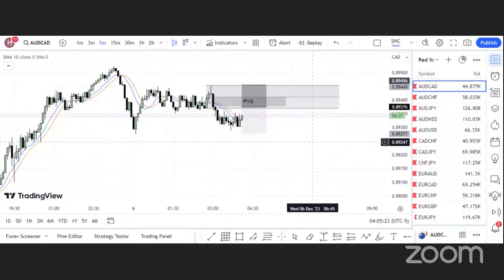Okay, since we still have time, I think we should give this a little bit of time so we don't move from it, and then the next thing you just see the market start playing out.